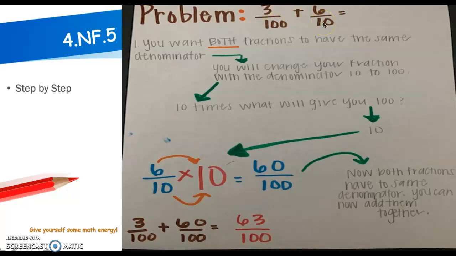So we have to do something to this fraction right here to get this denominator to be 100. I can do something to this 10 to make it 100. I can multiply by 10. So we multiply our numerator and our denominator by 10, and we get a new numerator and denominator, and that is 60 and 100. So when we get that, we add our two fractions together, 3 100ths plus 60 100ths, and that gives us 63 100ths, okay?